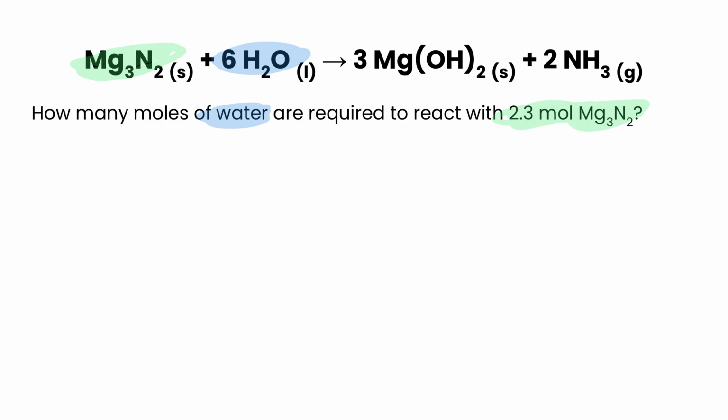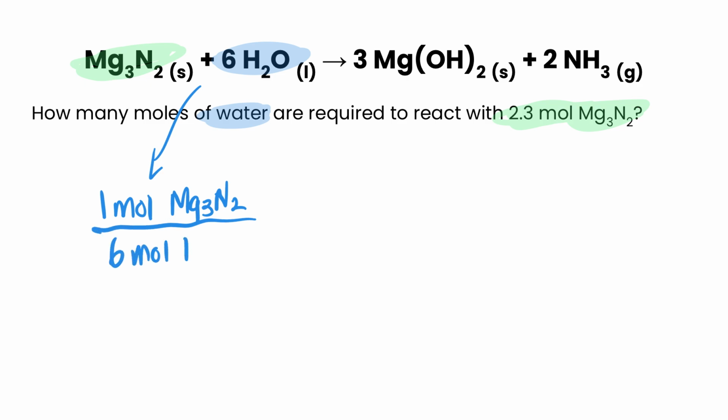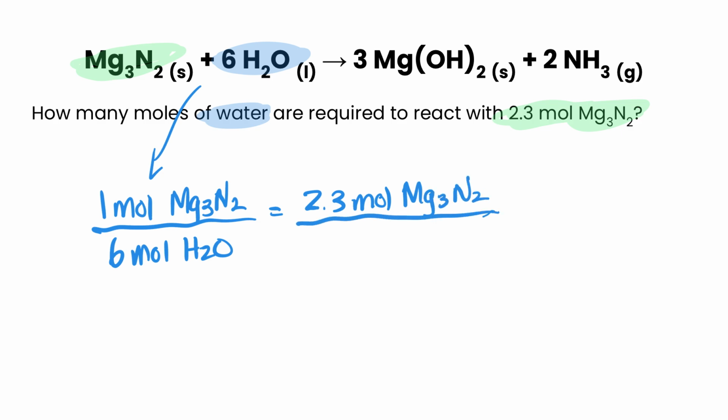Now that we've got that, I'm going to set up from our balanced chemical equation that we have 1 mole of magnesium nitride reacts with 6 moles of water. And then from our problem, we're given 2.3 moles of magnesium nitride, and we're trying to find our moles of water.